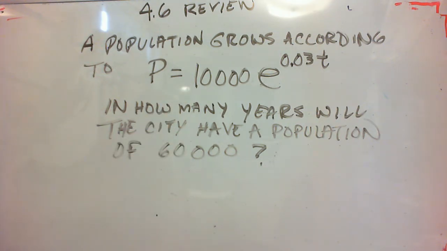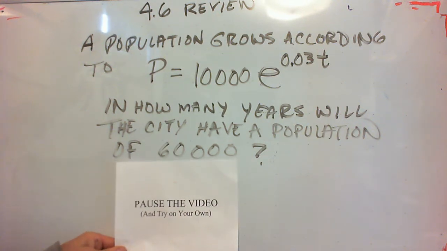So in this case, we just replace P with 60,000, isolate the exponential, then take natural logs of both sides and solve. And we solved problems like this in the previous section, so hopefully you can solve this. Give this one a try on your own. Solve for t, and round off to 2 places.